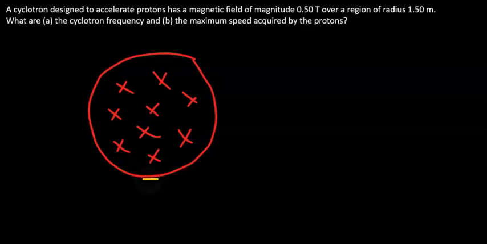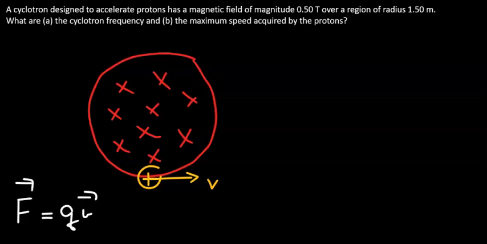And you have a proton moving in this region of magnetic field with this velocity to the right at the bottom. We note that according to this cross product rule, the magnetic force on that proton is given by qv cross B. So at the very bottom, the magnetic field would exert a magnetic force in a direction that is upward.